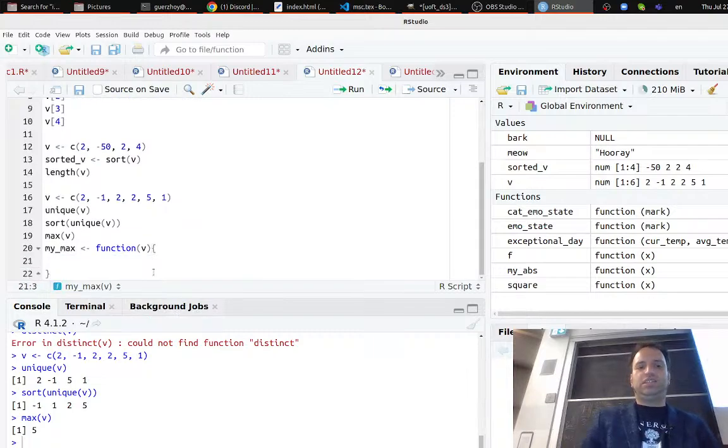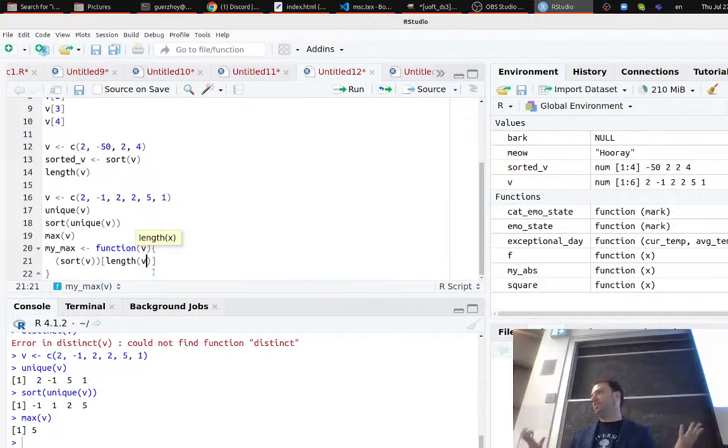If I sort the vector, this is going to be the sorted vector, and now I want the last element of that. How do I get it? If I go to element number length of vector, that's my max, right?